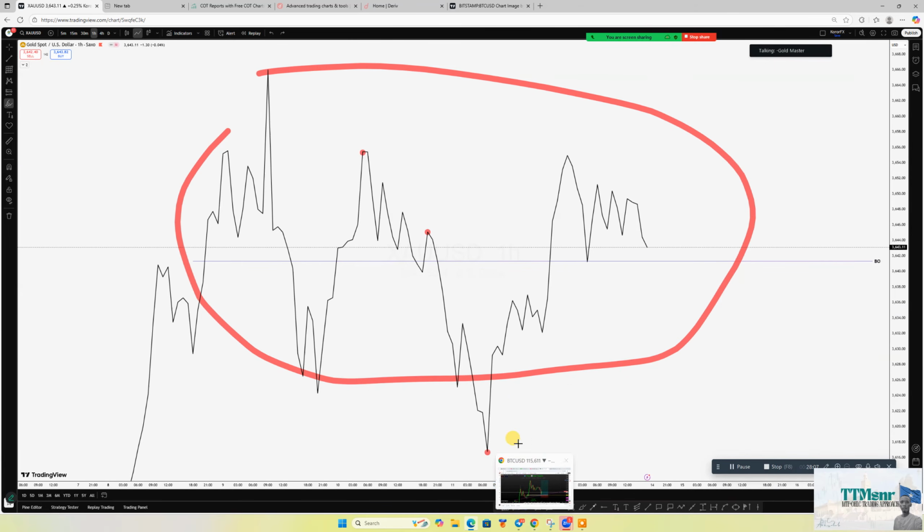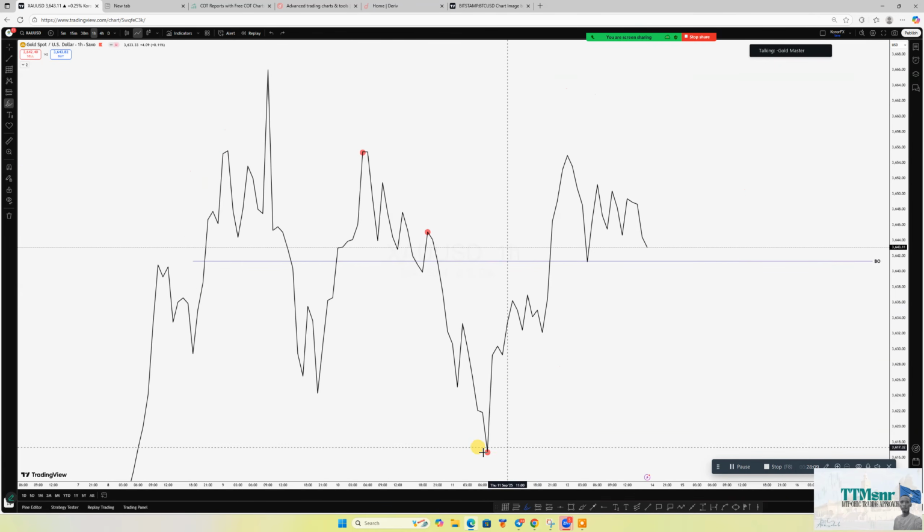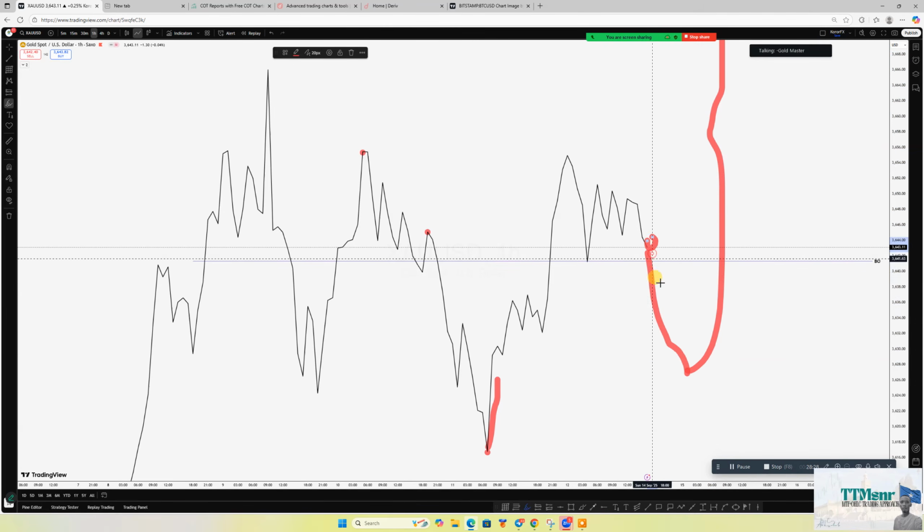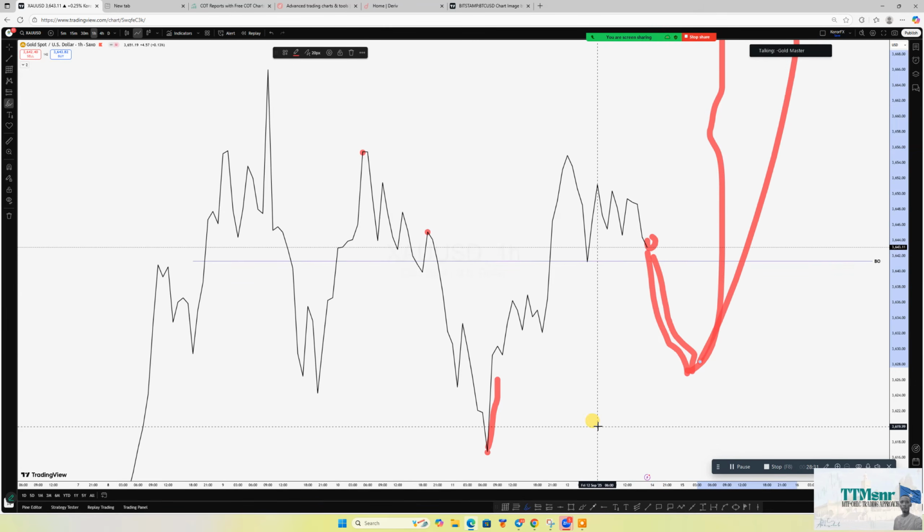This indicates there are orders resting above this support level, waiting for activation in order for the market to go up. All I mean is the market wants to come here, activate some orders that are above this region, and then the market wants to go up. When it opens, it will drop down and then start pushing up.